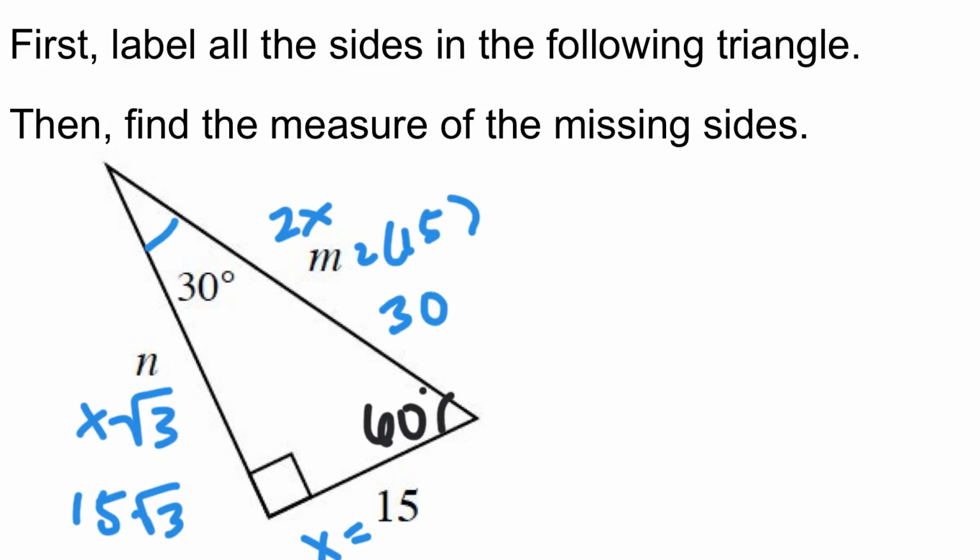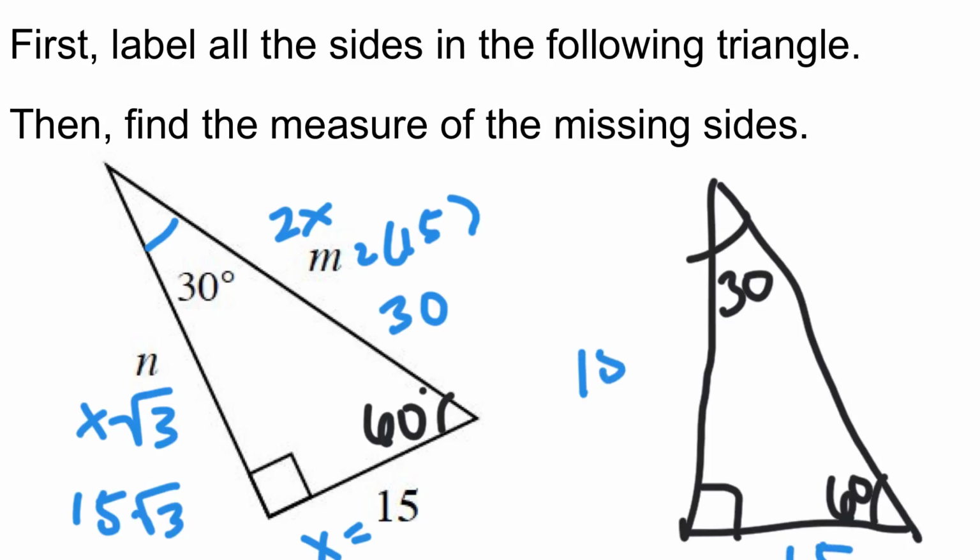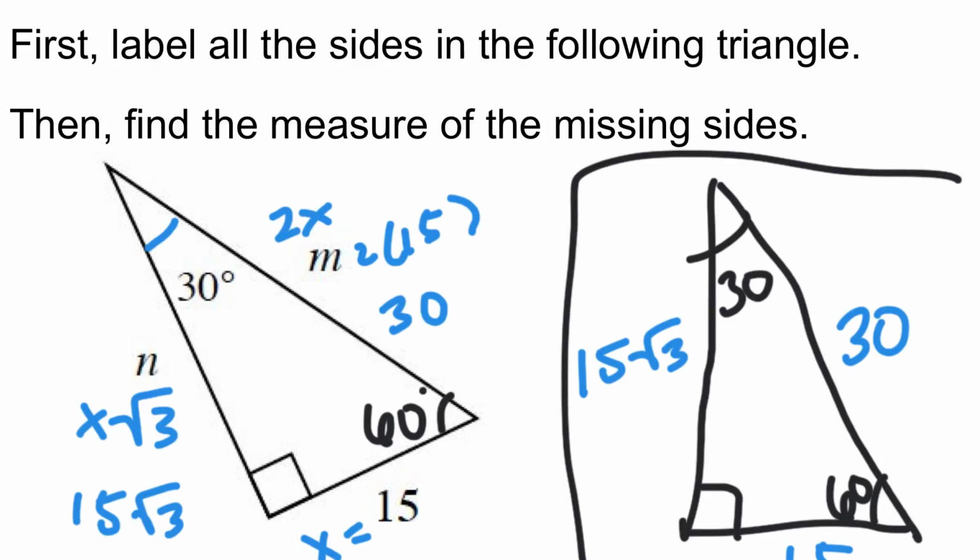So if I were to redraw the triangle, if this is 60, if this is 30, then this right here is going to be 15 in this case. This is going to be 15 square root of 3. You leave it just like that. And this right here is going to be 30. And that's all you have to do for your final answer.